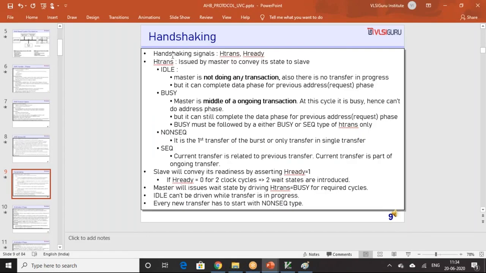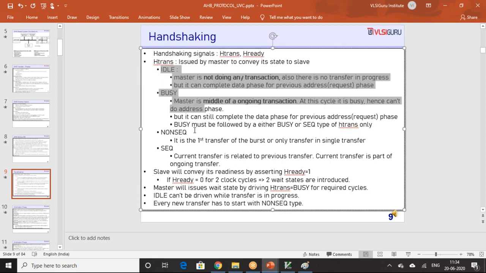In AHB, the handshaking signals are H-trans and H-ready. H-trans is issued by the master to convey its state to the slave. I mean, the master issues H-trans to indicate what state it is in: idle state, busy state, non-sequential state, or sequential state.